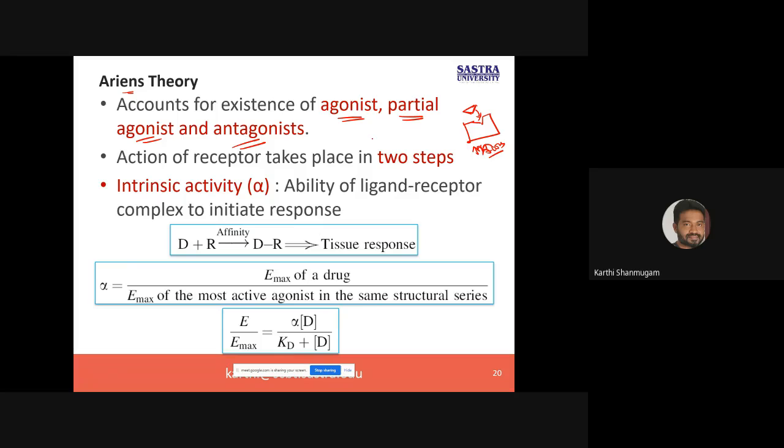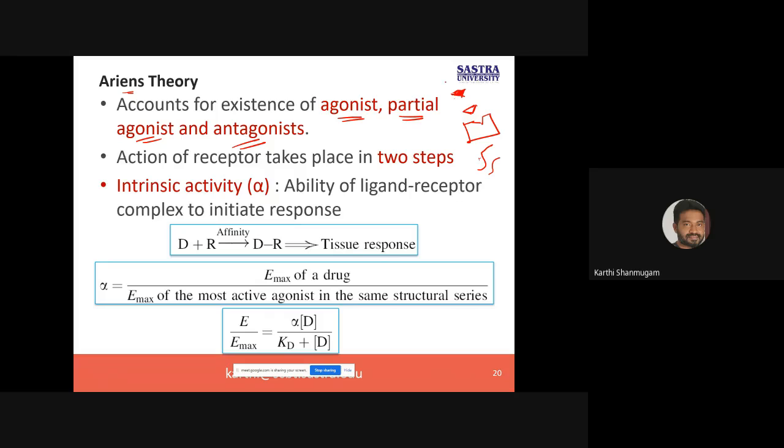What is a partial agonist? I just use the same image here. A partial agonist is a molecule that binds to the receptor, but it cannot produce the maximum biological response. It can produce only a partial biological response. For example, say we have two types of drug molecule, and both have a shape complementary with the receptor binding site.